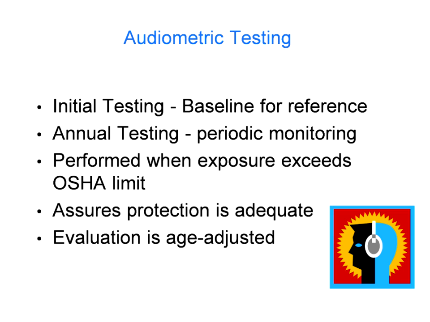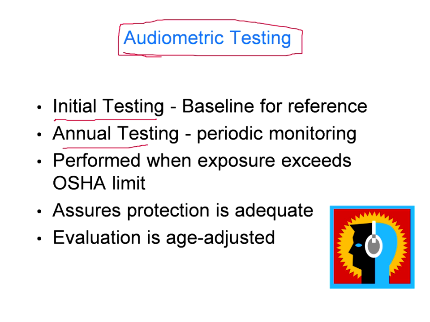Okay, and next is audiometric testing. This is a test a company conducts to find out your level of hearing capacity, how much sound you can hear. There are different types of testing: initial testing and annual testing.